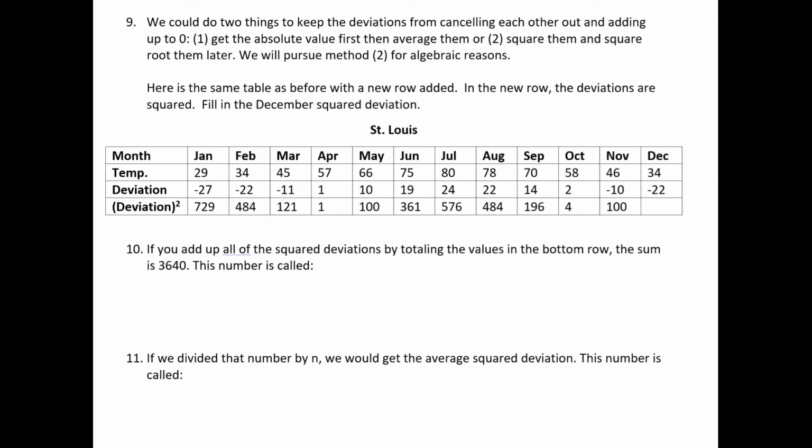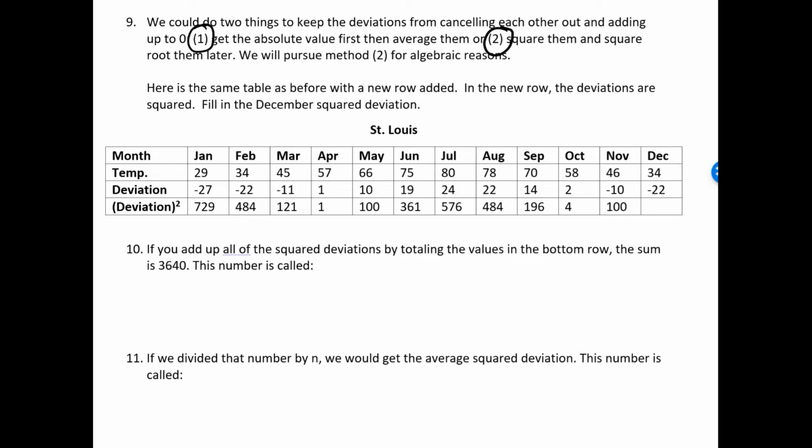Okay, so that's way one. I'm going to tell you, we're not going to do it that way. We're going to do way two. You may think, why? Just because it's harder? So, way two, we're going to square all of the deviations and then square root them later, right?